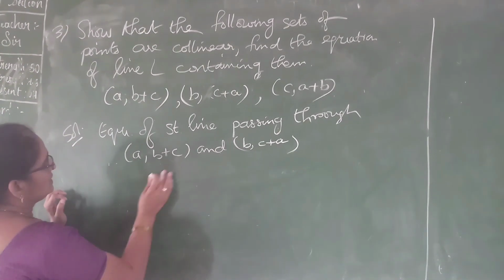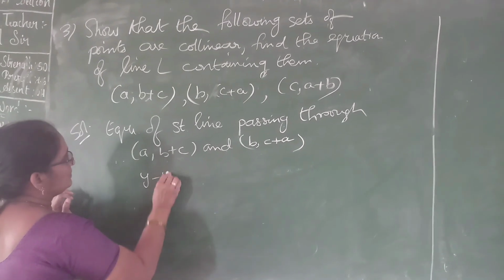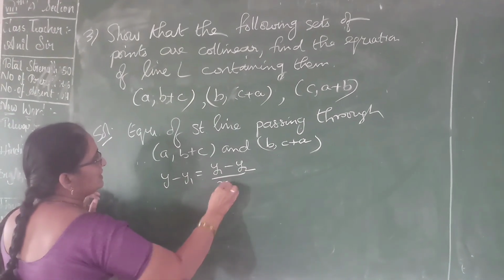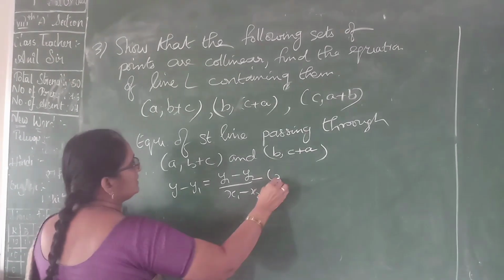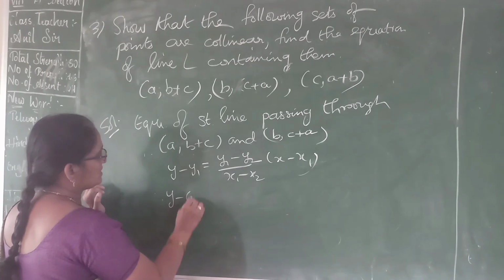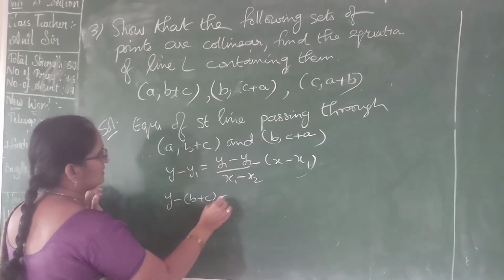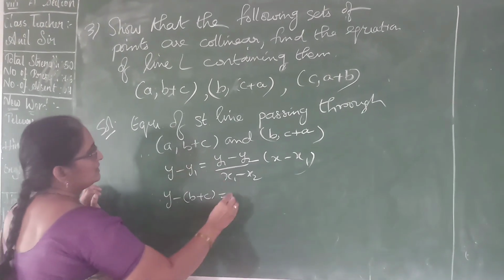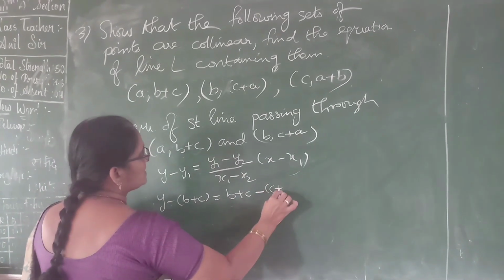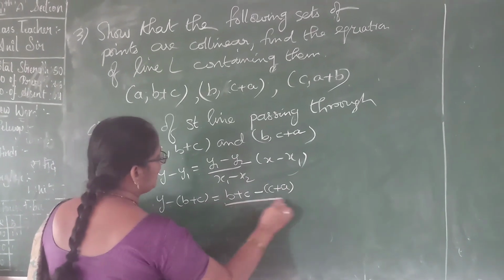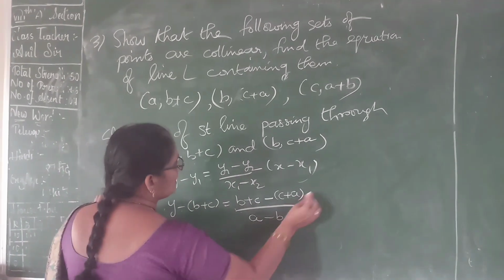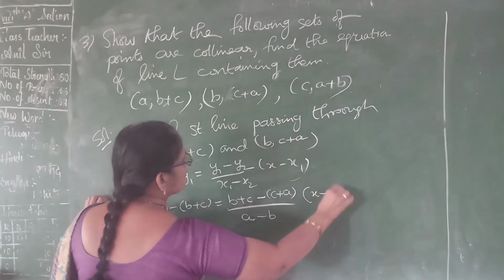Again the same formula, y minus y1 is equal to (y1 minus y2) by (x1 minus x2) into (x minus x1). What is y1 here? B plus C. So y minus (B plus C) is equal to (B plus C minus (C plus A)) by, x1 is A, x2 is B, so x minus A.